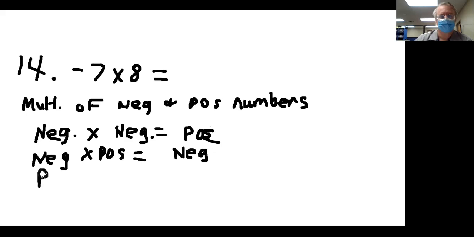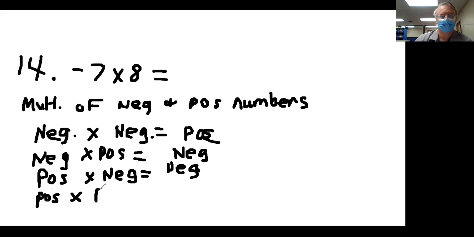A positive number times a negative number equals a negative number. So a positive number, these are all the possible combinations.